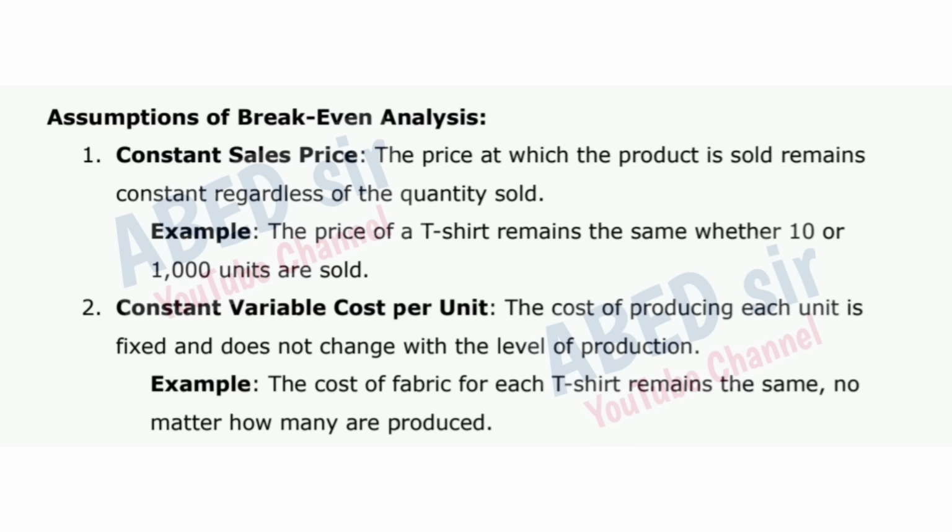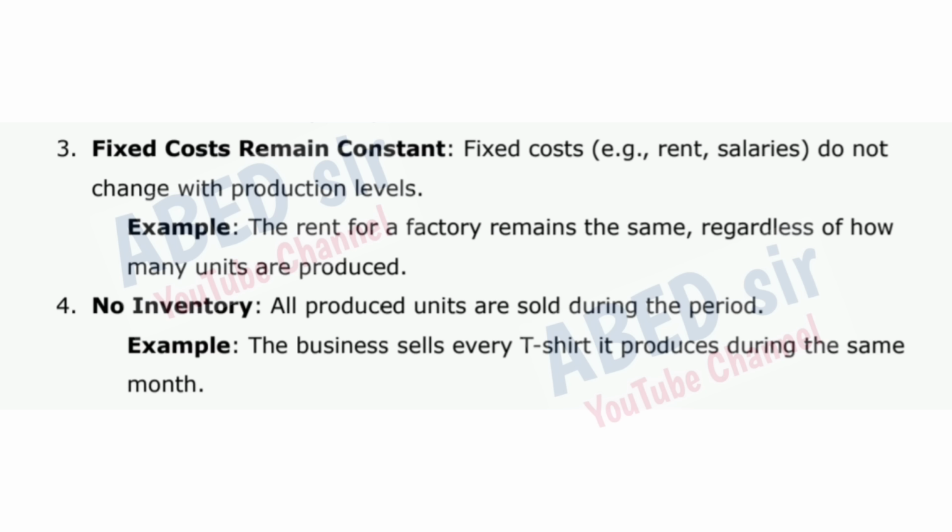2. Constant variable cost per unit. The cost of producing each unit is fixed and does not change with the level of production. Example, the cost of fabric for each t-shirt remains the same, no matter how many are produced. 3. Fixed costs remain constant.